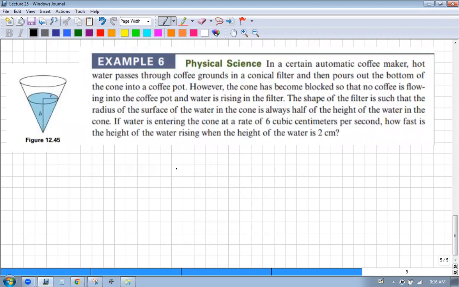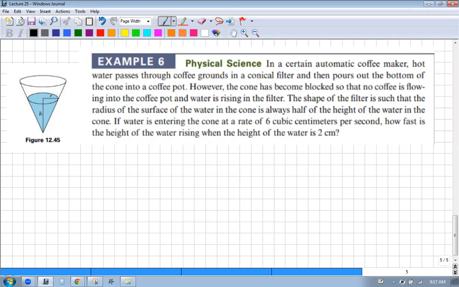All right, so we got a little picture here. In a certain automatic coffee maker, hot water passes through coffee grounds in a conical filter and then pours out the bottom of the cone into a coffee pot. However, the cone has become blocked so that no coffee is flowing into the coffee pot and water is rising in the filter. Okay.